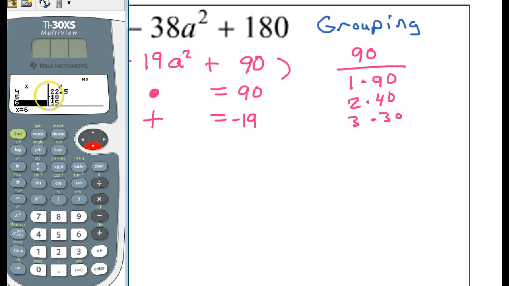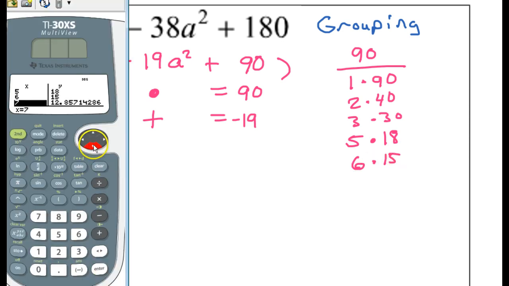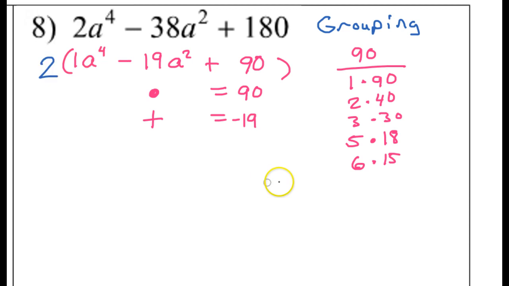But then I've got 5 times 18 and 6 times 15. Alright, so I'm just going to scroll down. 7 is a decimal, 8 gives us a decimal, and then 9 times 10, of course. So that's how you can use your calculator to generate the complete list.